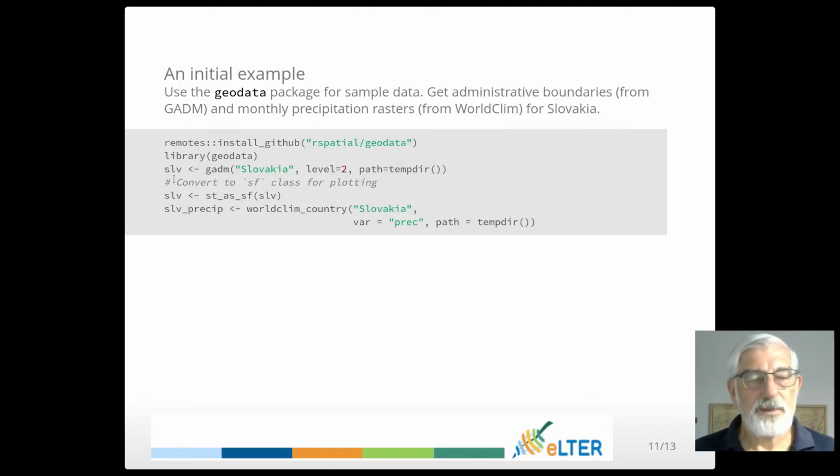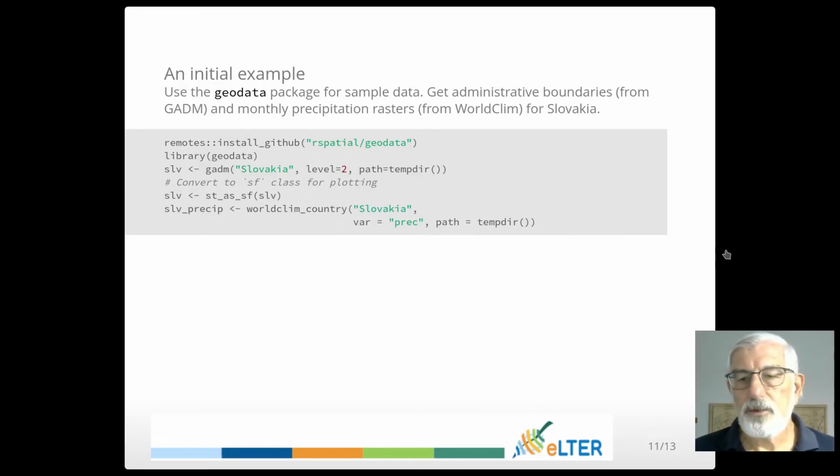Once we've acquired the boundaries of Slovakia, then we need to transform it to an SF class object. This is for plotting purposes. We'll see that in a moment. In addition, we'll download from WorldClim precipitation data. The WorldClim database, again, gives us 12 separate monthly averages of precipitation.